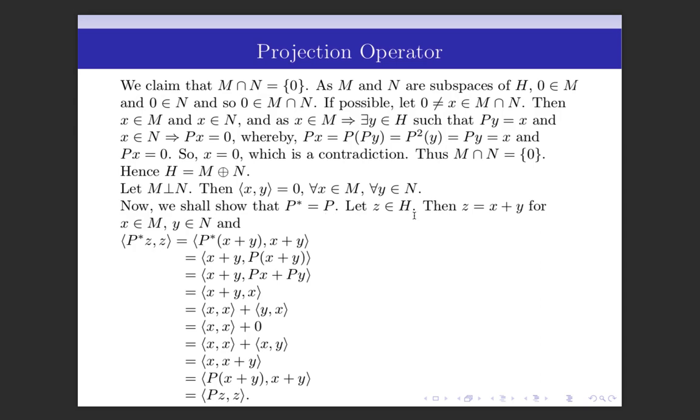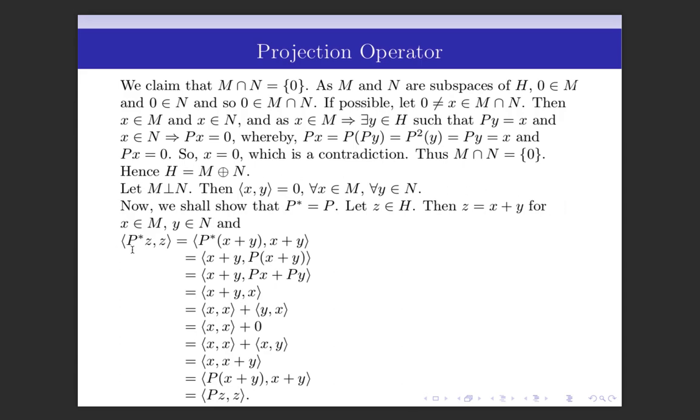Let z belong to H, and since H is the direct sum of M and N, every element z can be uniquely written as the sum of an element of M and an element of N. So there exist some x in M and y in N such that z is equal to x plus y.